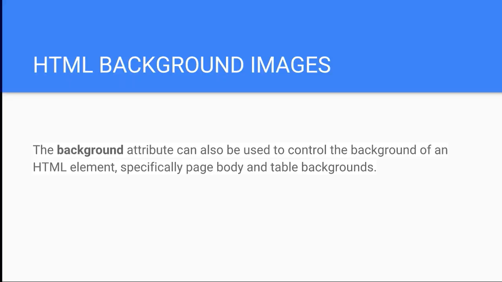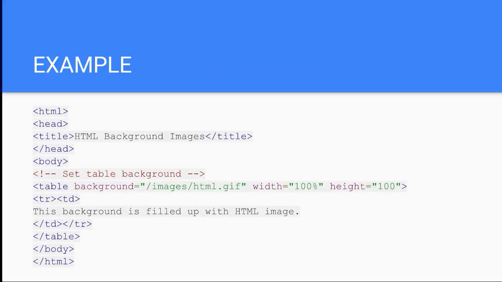Before I proceed with an example, I want to give you a small note that this background attribute is deprecated, and it is recommended to use a style sheet for background settings. We will learn this in a different tutorial about cascading style sheets, that is CSS. So currently I will explain in brief. We are going to deal with the background image with an example. Let's have a look at this.